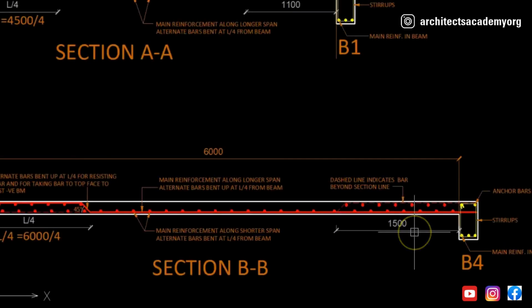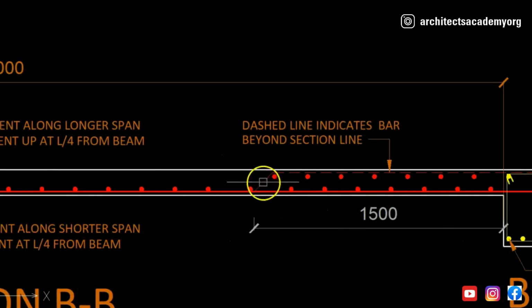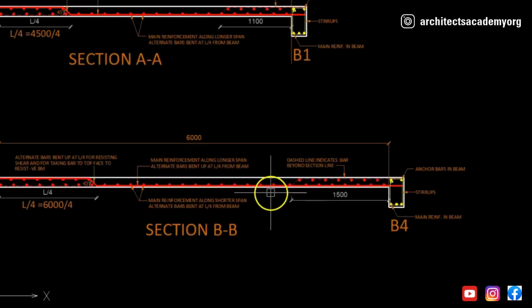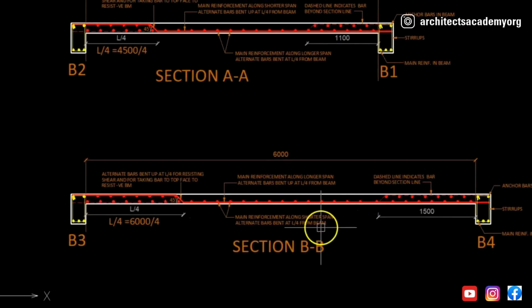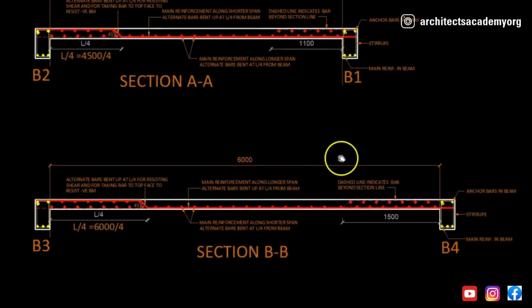As you can see here also, this dashed line is indicating the alternate bar, at a distance of 1500, that is L by 4, from the face of the beam. So section AA and section BB are very similar to each other, with no major difference.